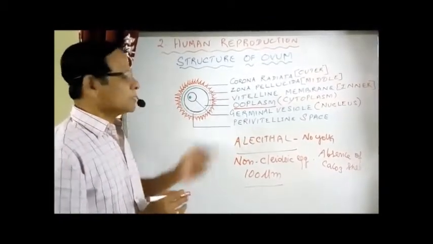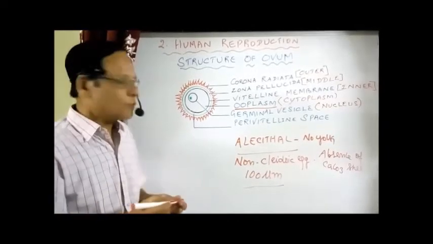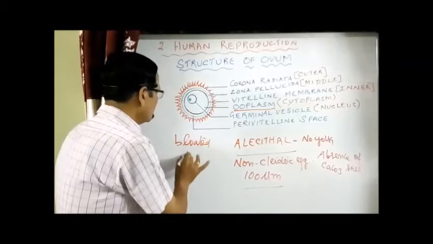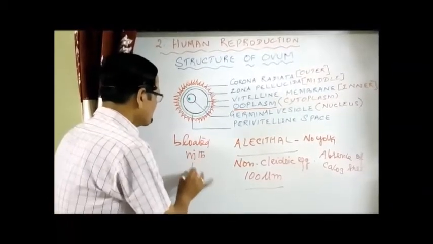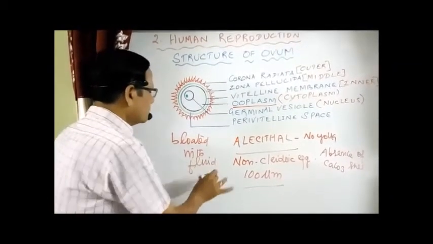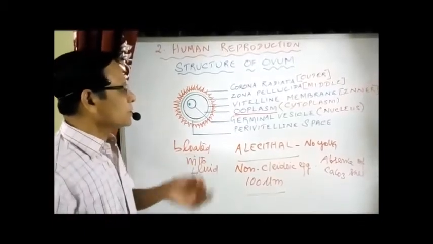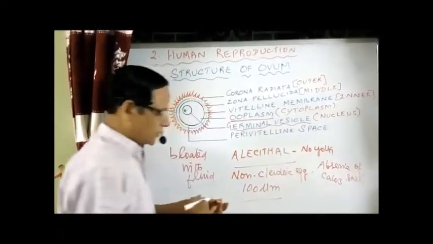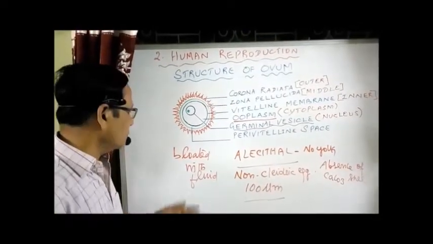And again the nucleus is bloated with fluid. It is not solid, it contains more fluid, hence the nucleus is called the germinal vesicle. The reason is that it is just like a vesicle filled with more fluid.